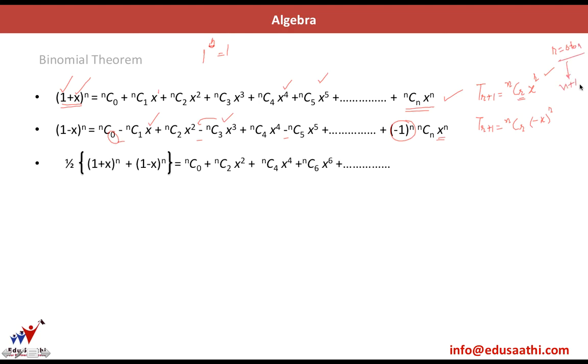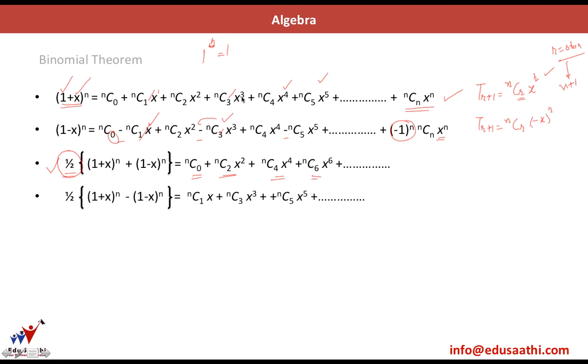So if you look at it, now if you take both the equations that I have written and you add them and divide it with 2. Now when you add them, all the odd terms would get cancelled out. You will be left with 2 times the even terms. So if I take common 2, it will be adjusted here. It will be nc0 plus nc2 x square plus nc4 x raised to power 4 plus nc6 x raised to power 6, and so on.